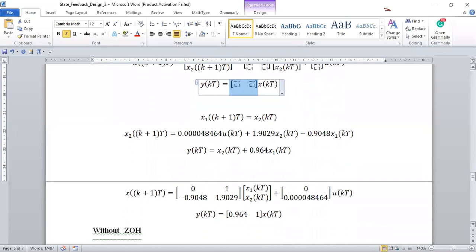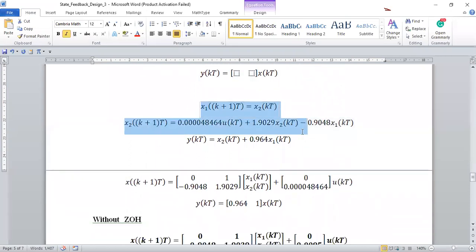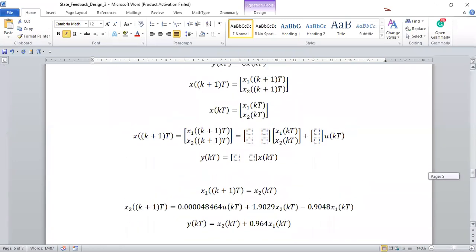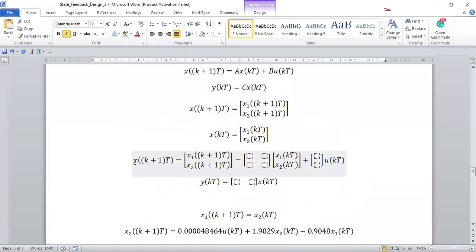So using these three equations, we'll just construct our A matrix, our B matrix, then our C matrix. But remember that it is in this form: x of (k plus 1)T is equal to A x of kT plus B u of kT, then y of kT is equal to C x of kT.